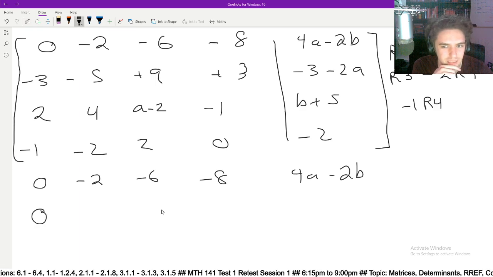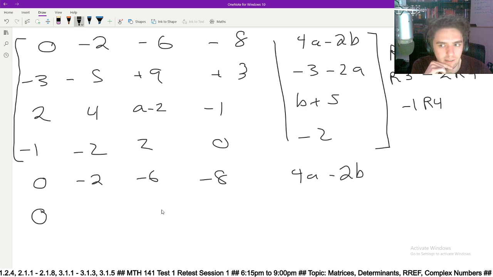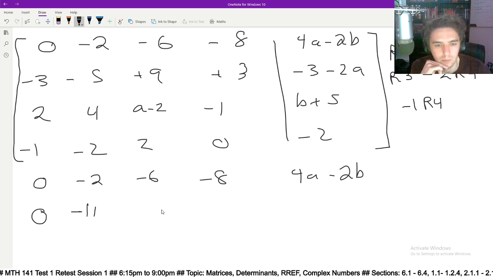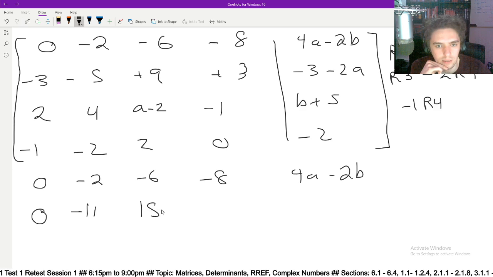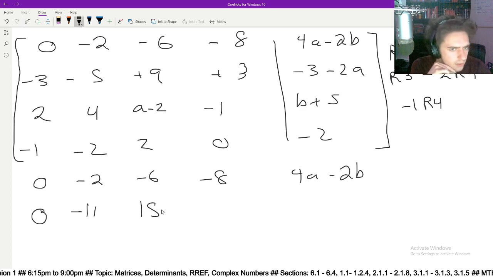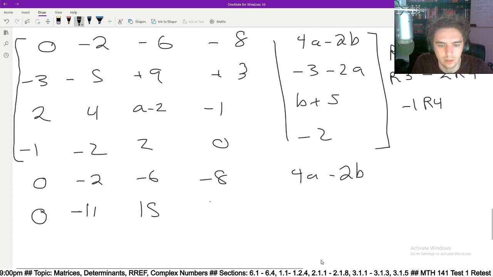So the first term is 0. Row 2 plus 3 row 4: negative 5 plus 3 times negative 2. 3 times negative 2 is negative 6, and negative 5 plus negative 6 is negative 11. Then 9 plus 3 times 2 is 15. 3 plus 3 times 0 is just 3.